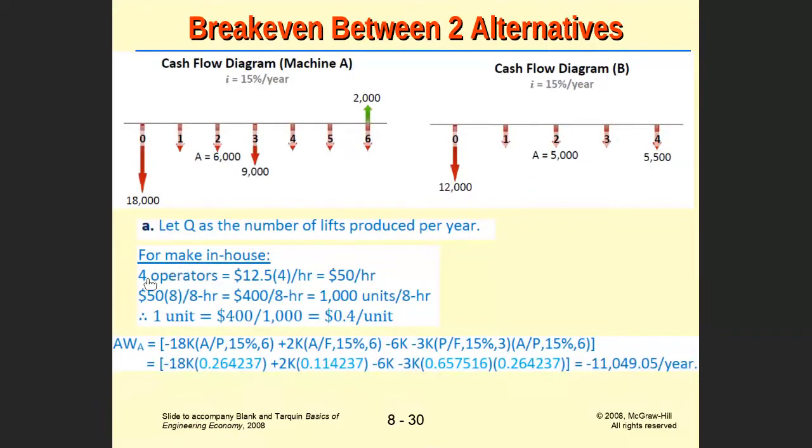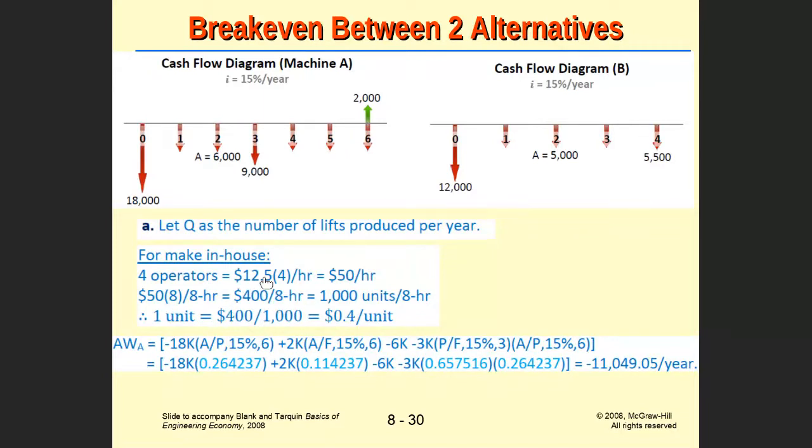The 4 operators cost 12.5 for each one of them. When you multiply it with 4, you get the cost for all those 4 operators per hour, which gives you $50 per hour. This $50 per hour, if you multiply it with 8, because the period has 8 hours, you will get 400 for every period.